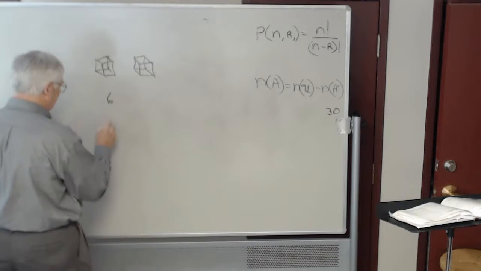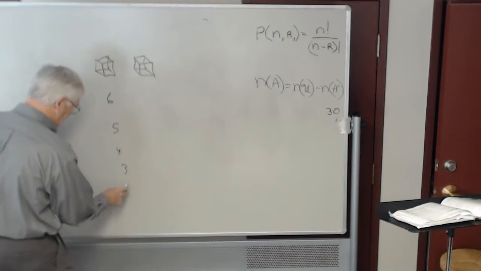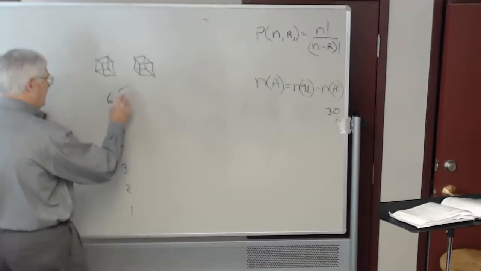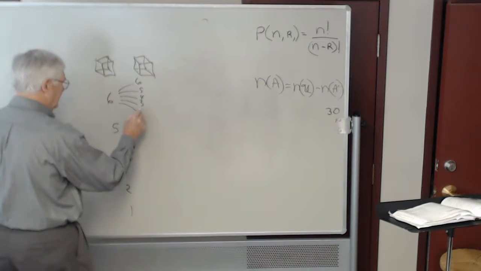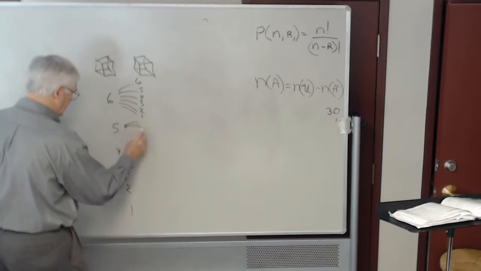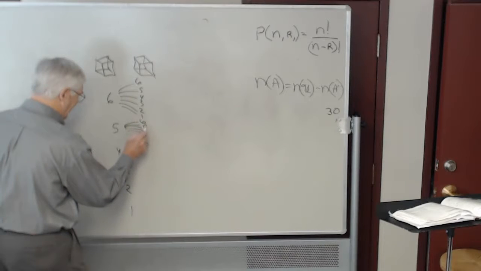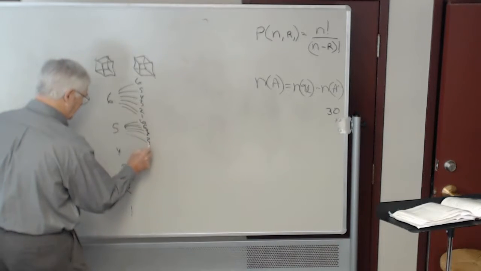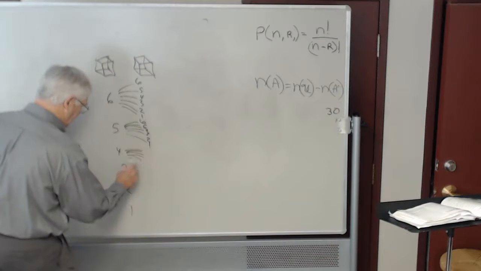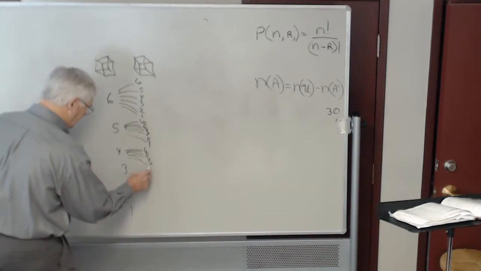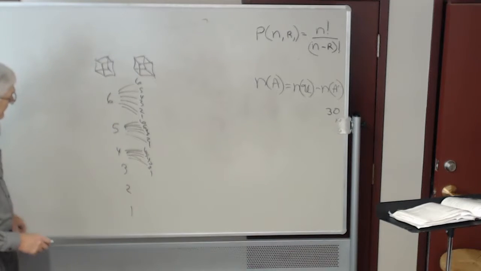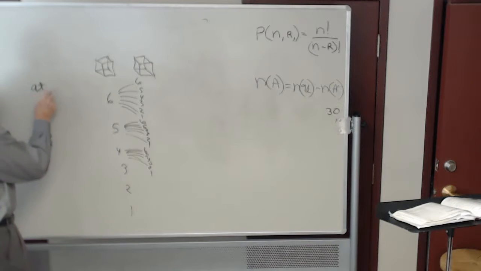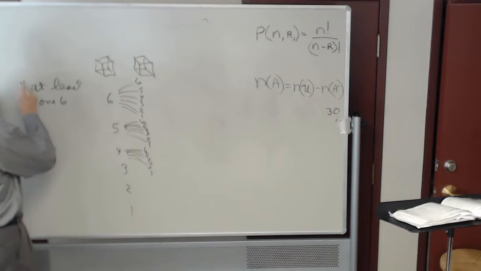So I can have 6, 5, 4, 3, 2, and 1. And then I can have 6, 5, 4, 3, 2, and 1, and so on for each branch. You see what I'm doing? I'm making a tree here. And I want at least 1 6. Isn't that what they said?